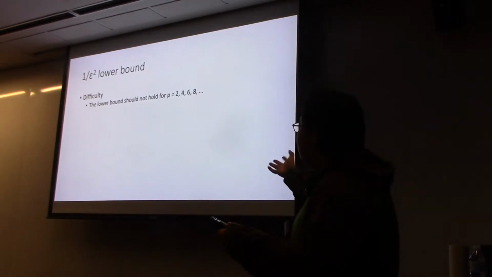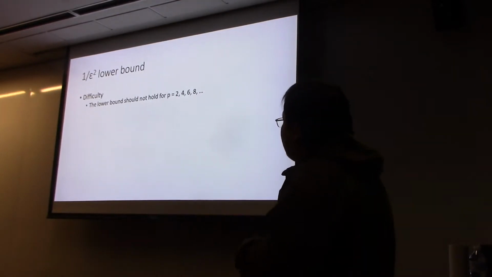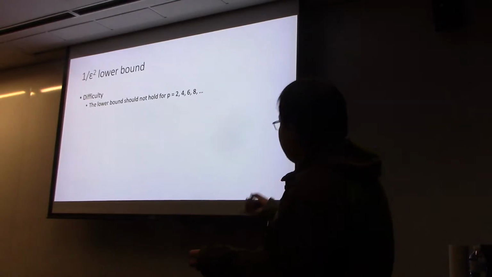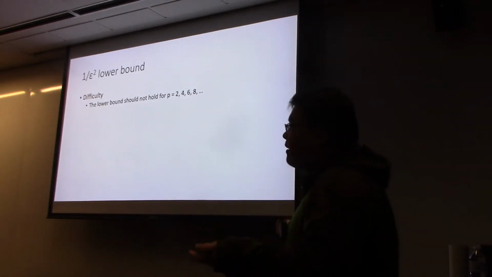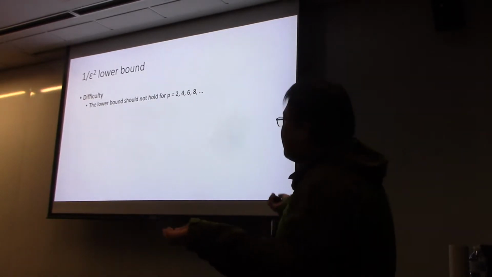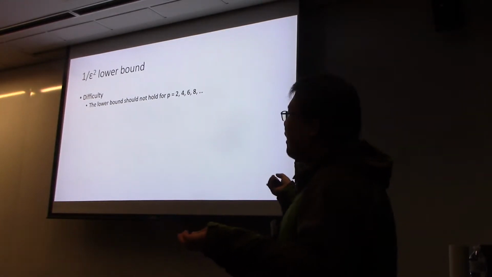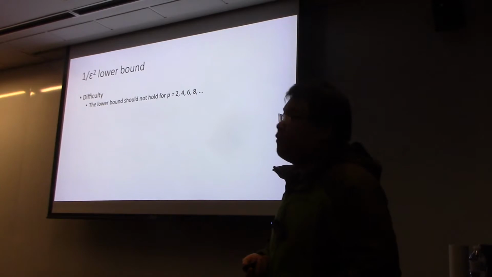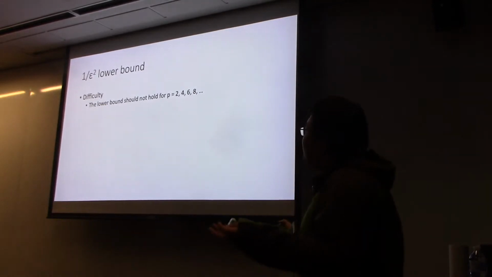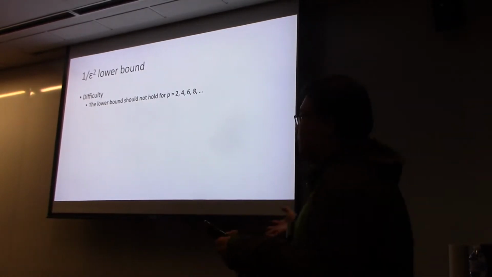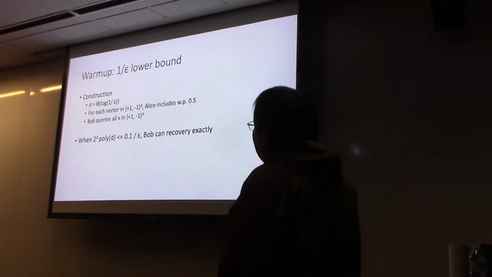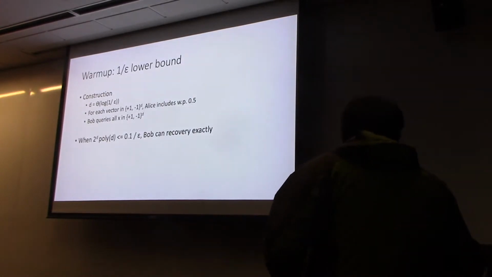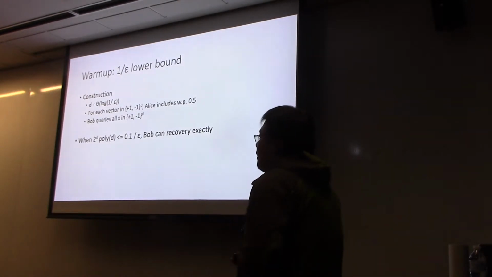But we know that this proof should not work because when P equals 2, 4, 6, 8, there are actually isometric embeddings as upper bounds, so that this 1 over epsilon squared lower bound should not actually hold, right? So what's the special thing here about even numbers? Well, it turns out that this is somehow related to Fourier analysis.